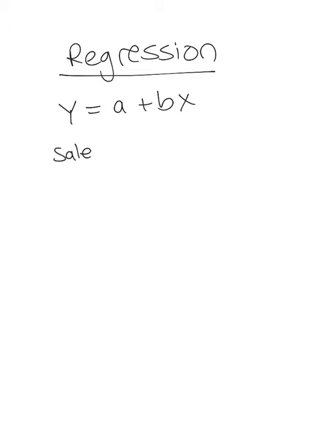I'm going to rewrite this equation in terms of our dependent and independent variable in the problem. So y is, of course, sales revenue, which is what we're trying to figure out and understand. A will be the y-intercept, which means that would be the amount of sales revenue when x is 0. B would be the slope of our regression, and x would, of course, be ad expense. Once we find the values for a and b, we can make predictions for sales revenue.